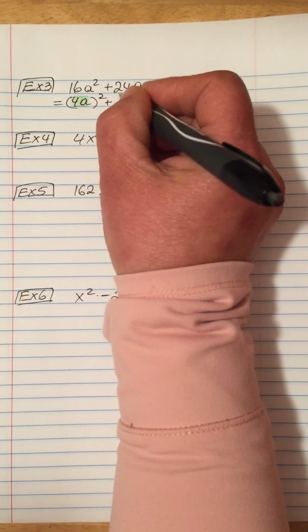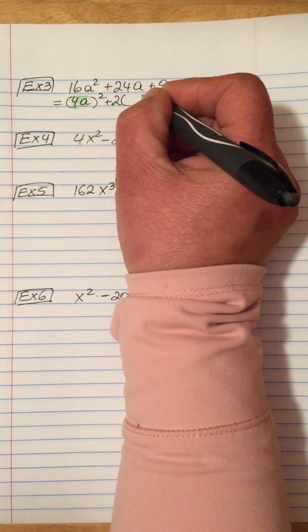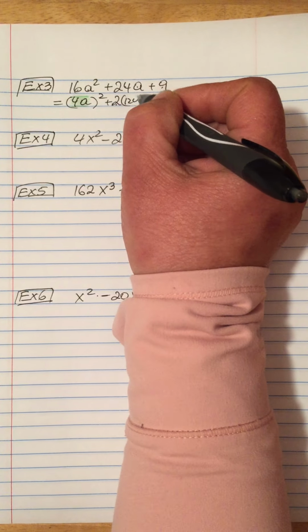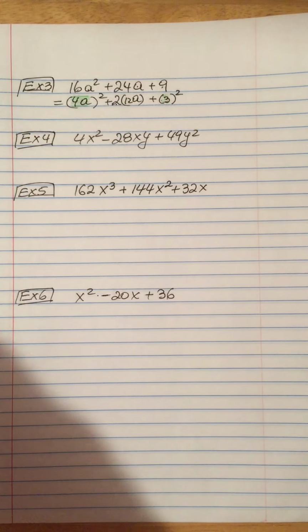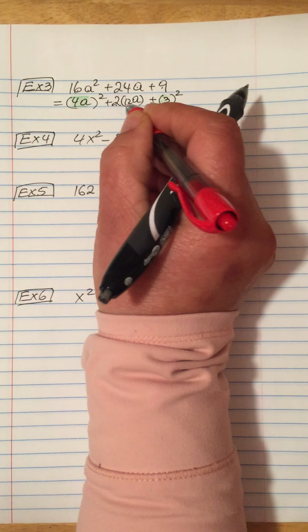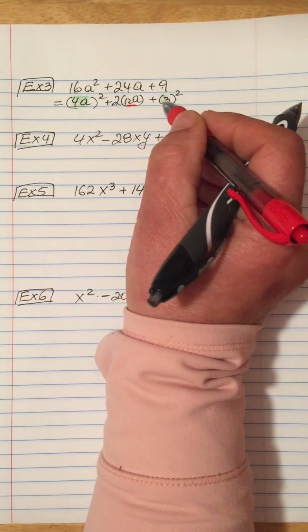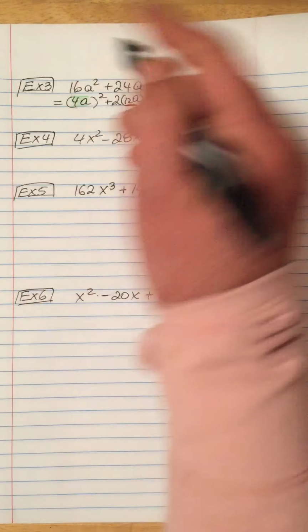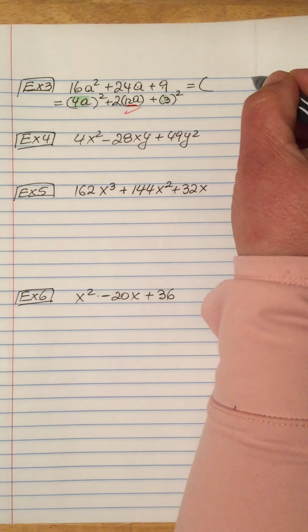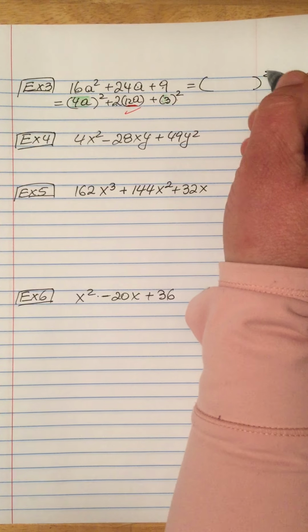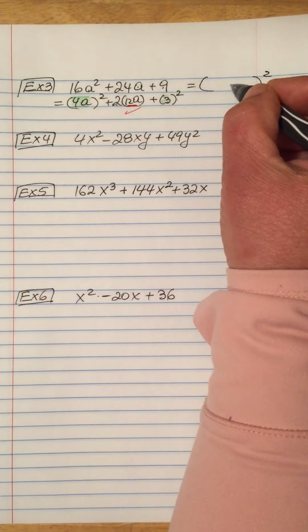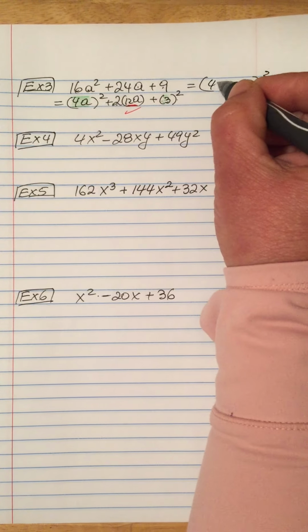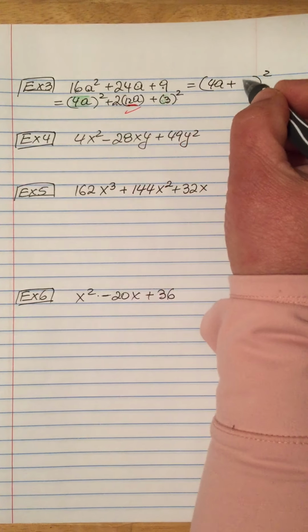So I need a double product of bases, which is 24 divided by 2, 12A. And now check: is this the product of my bases? Yes. 3 times 4A is 12A. Good. My factorization is a binomial squared with a plus, and the base of the first is 4A, and the base of the second is 3. Done.